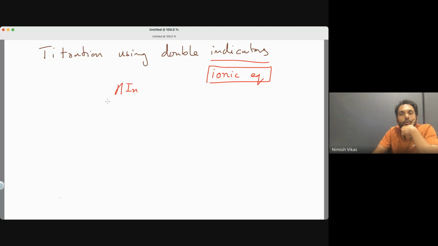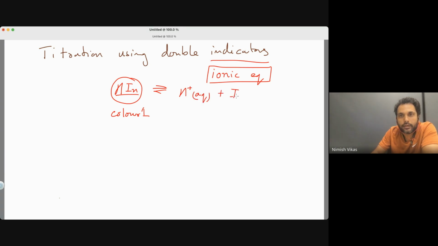The cool thing about an indicator is when it is HIn, when it is this molecule, it is of a certain color, color 1, and when it breaks and forms H plus, which is obviously colorless, and In minus aqueous, this is of some other color.